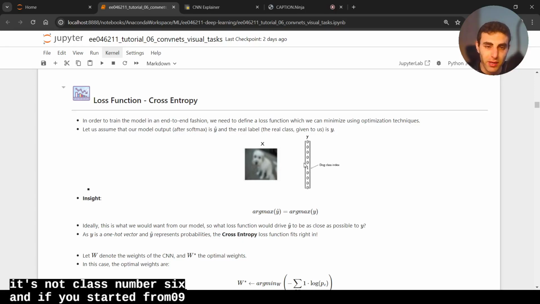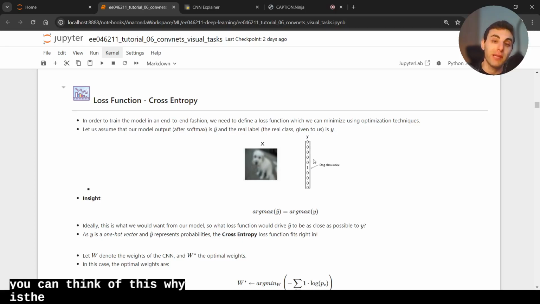We can transform this label to a one-hot vector, where it's 1 only at the position of the correct label, and the rest is 0. You can think of this y as the ground truth probability, which is 1 only in the correct class, because this image cannot be something other than a dog. So this is the ground truth label, the target.